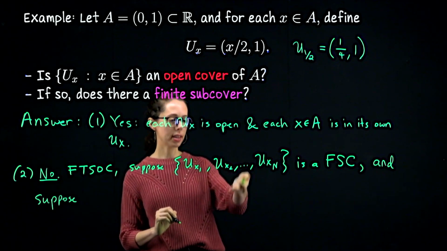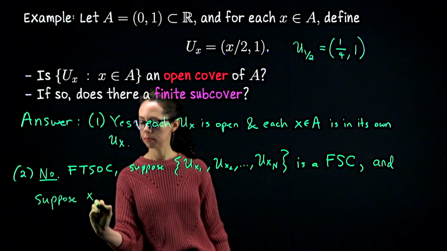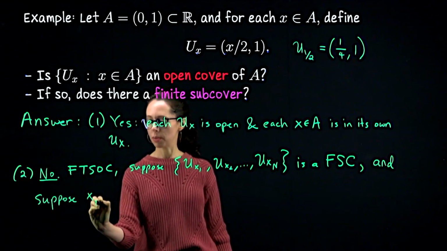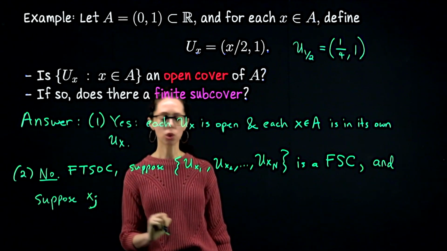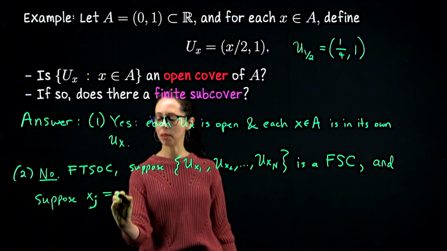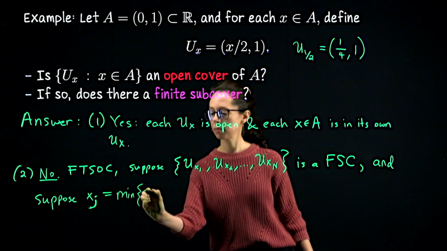So x1 is less than x2 is less than xN. And that is the route I will take. Now I'll just say x sub j. There are different ways that you could write this down, but I'm just going to go with a choice here. x sub j is the minimum of this finite set of anchor points.